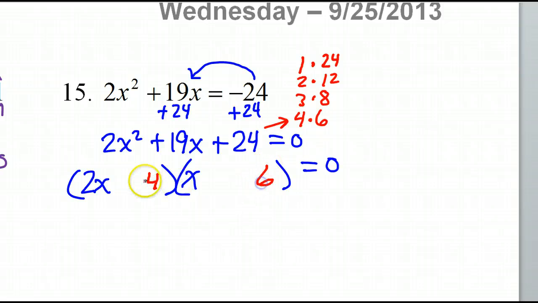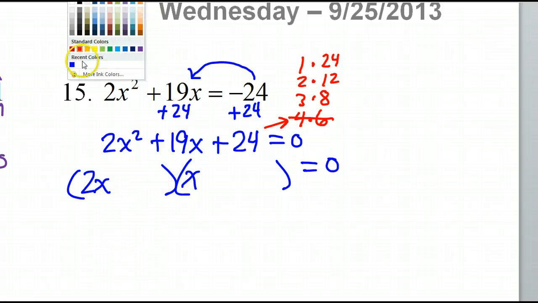But whether I do 4, 6 or 6, 4, either way, that would create a GCF. And since there's no GCF in the original problem, there should be no GCF here. So I can eliminate 4 times 6 as an option. So now that brings me to 3 and 8. And I will definitely do 3, 8, and not 8, 3, because putting an 8 here would make a GCF again. So I will go with 3, 8.